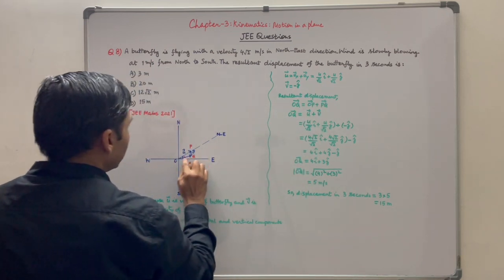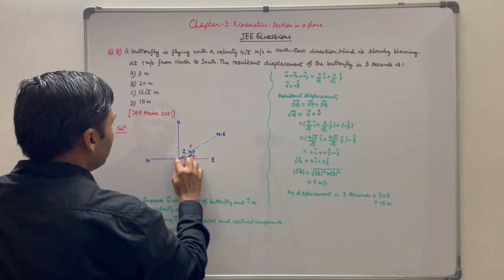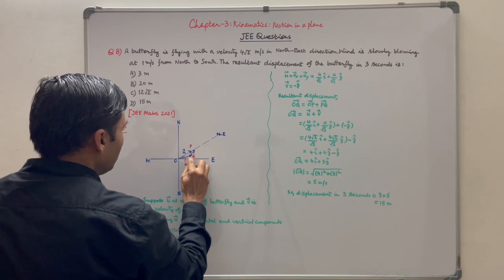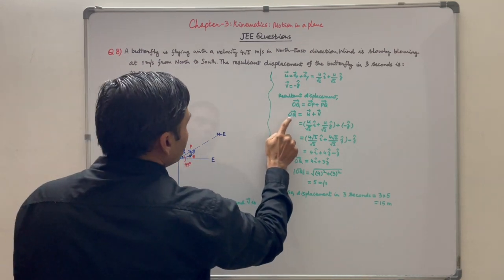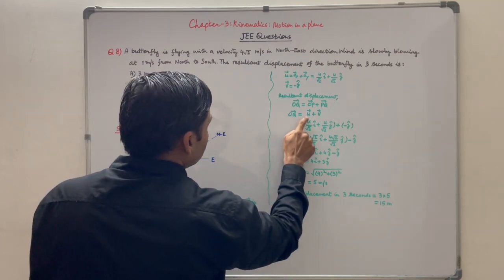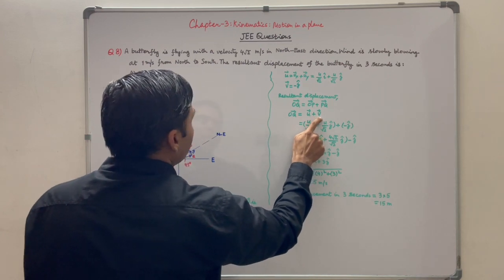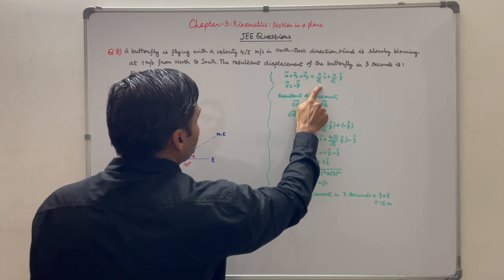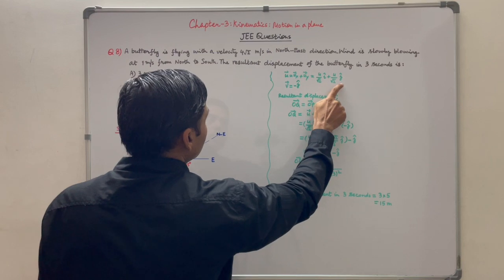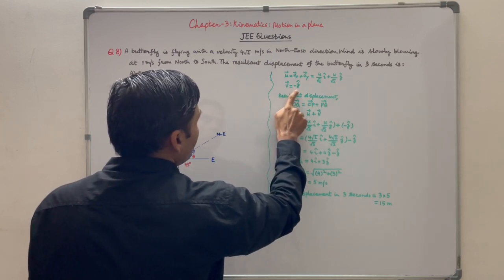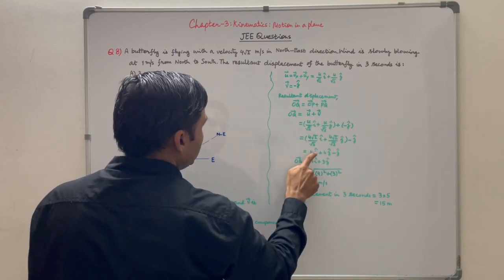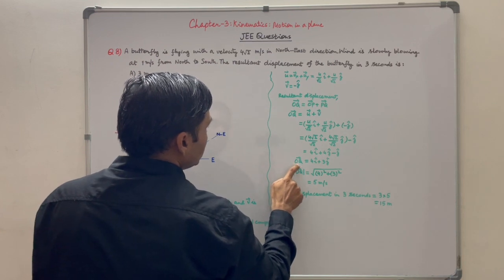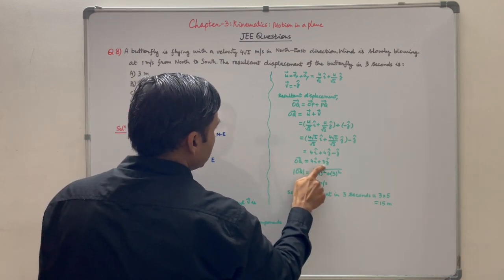Resultant displacement, that is OQ, is given by vector OP plus vector PQ. So OQ is equal to vector U plus vector V, and vector U is equal to U upon root 2 i plus U upon root 2 j, and V is equal to minus j. So addition of these two vectors gives OQ is equal to 4i plus 3j.